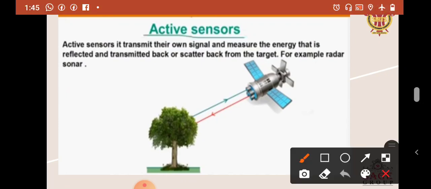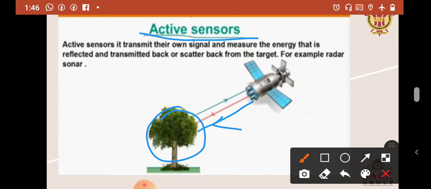Now, an active sensor transmits its own signal and measures the energy that is reflected, transmitted back or scattered back from the target. Active sensors send the energy to the object, our tree.